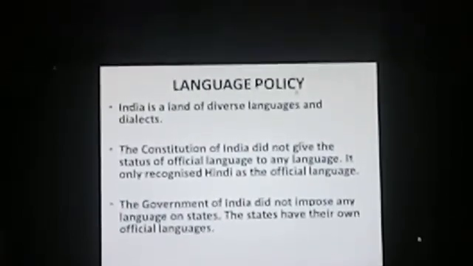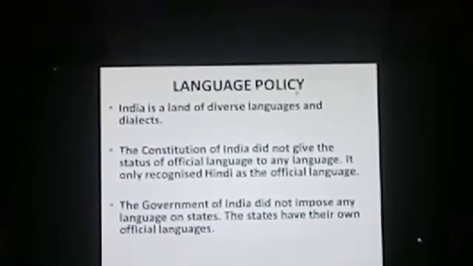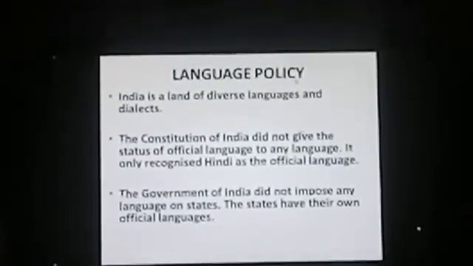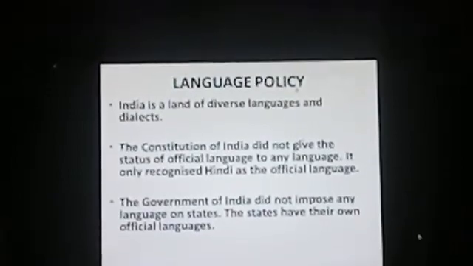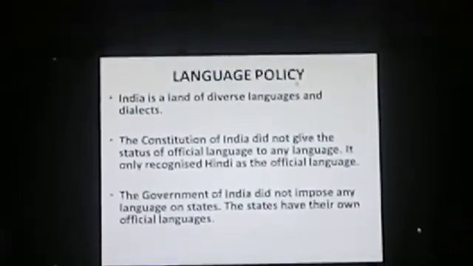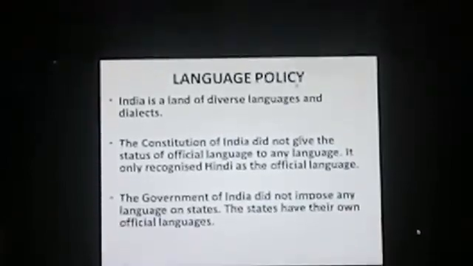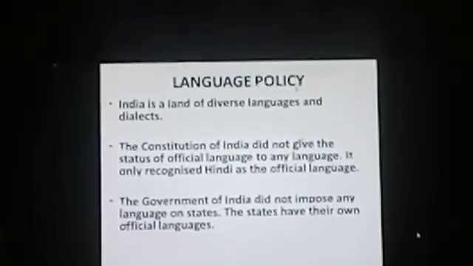Now we go to the second content, language policy. India is the land of diverse languages and dialects. The Constitution of India did not give the status of national language to any language. It only recognized Hindi as the official language.